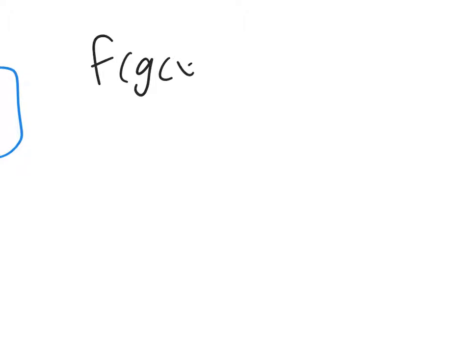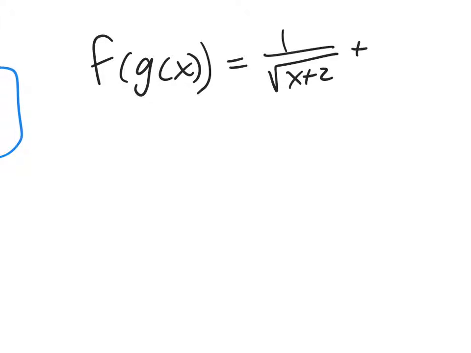F of g of x is 1 over the square root of x plus 2 plus 5. There's more than one right answer for this one. You may recall that I had suggested that you pull out the part you think was eaten, the inside function.